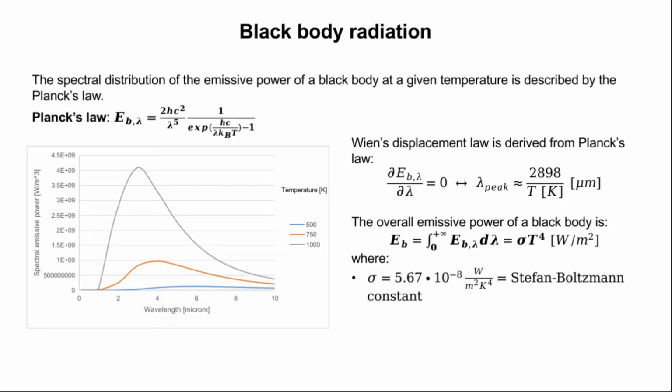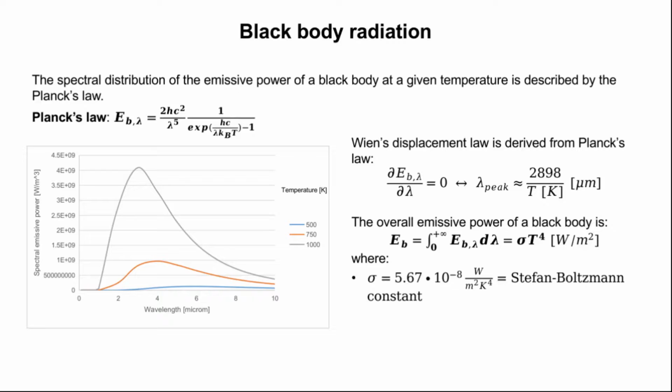Now that we know that the radiation coming from a black body is only emitted radiation, we can calculate its emissive power. The spectral distribution of the emissive power of a black body, at a given temperature, is described by Planck's law. As the plot on the left shows, the emissive power of a black body has a peak at a progressively smaller wavelength as the temperature of the body increases.